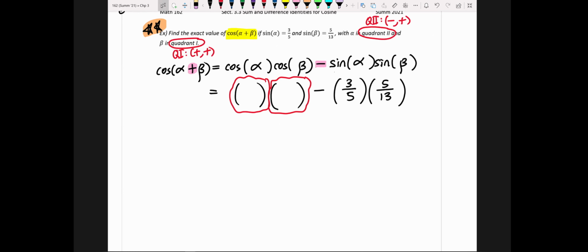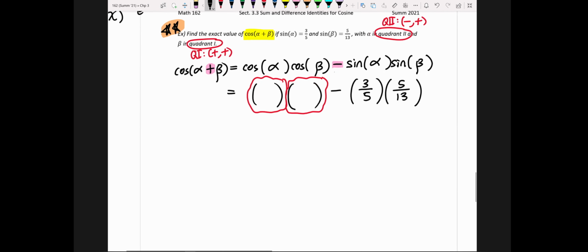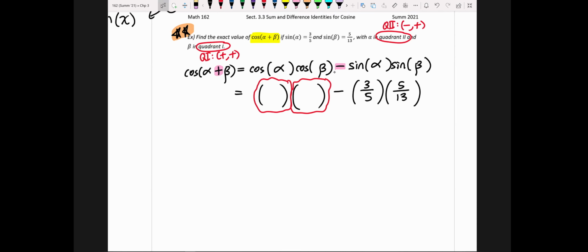So the first method is using the Pythagorean identities. For this type of problem, you can use the Pythagorean identity. I call this the P method. Or you can use the triangle method.